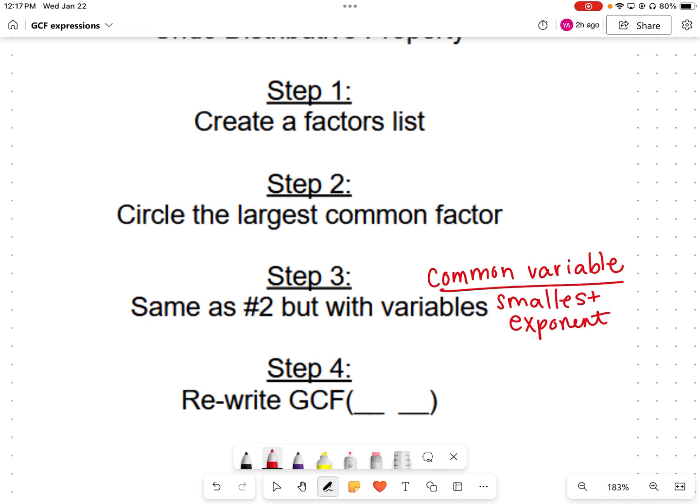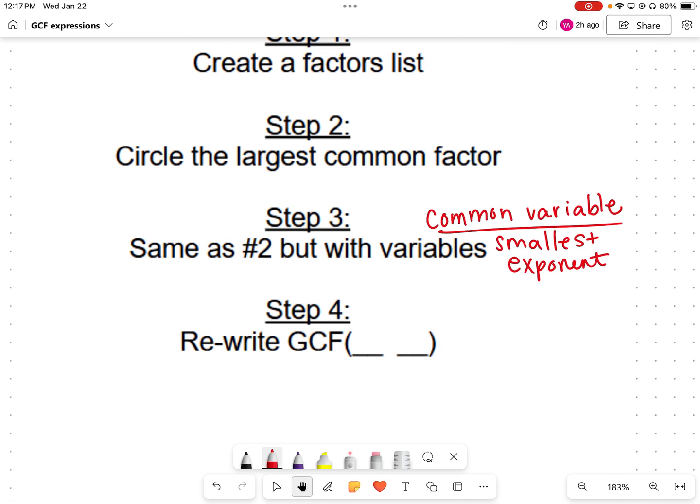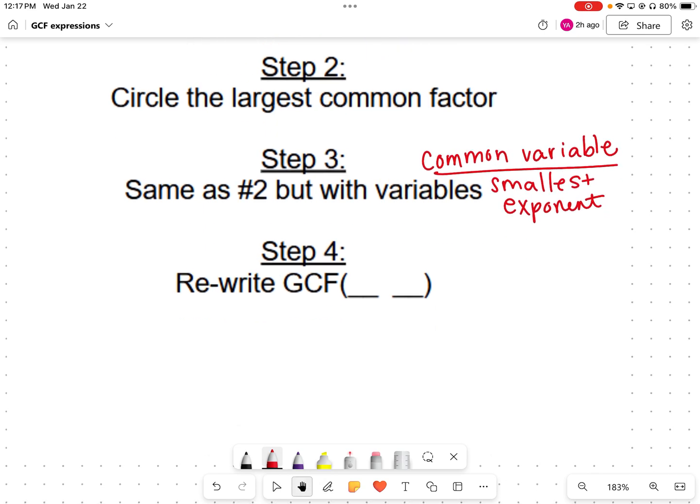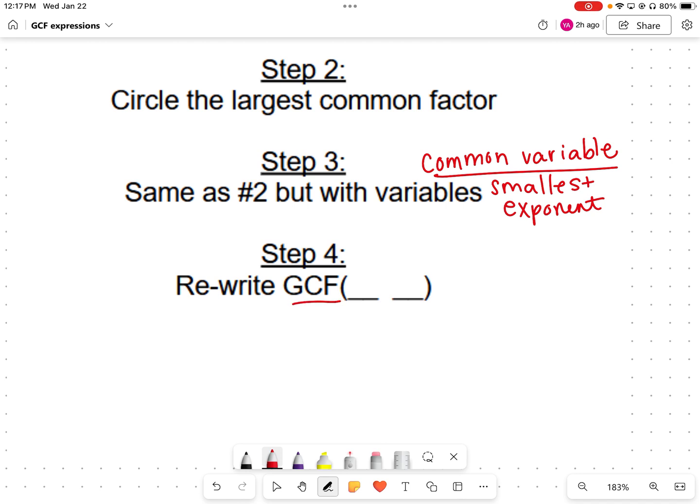As long as they all have the variable, you use the smallest exponent as your GCF because they all at least have that. And then once you find your GCF, you write it down, and then you rewrite your expression, but with the GCF out front.